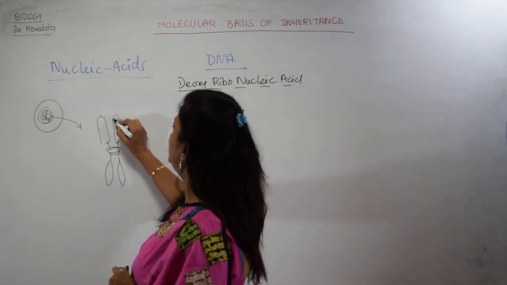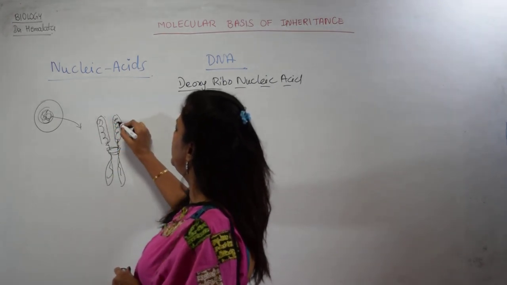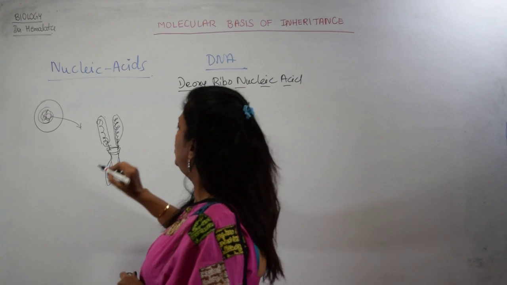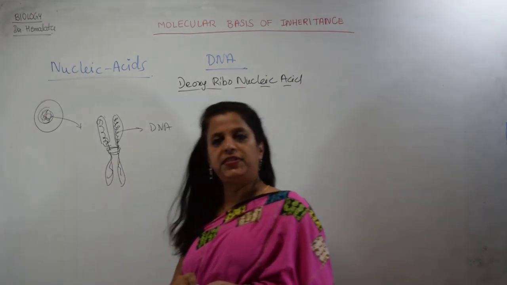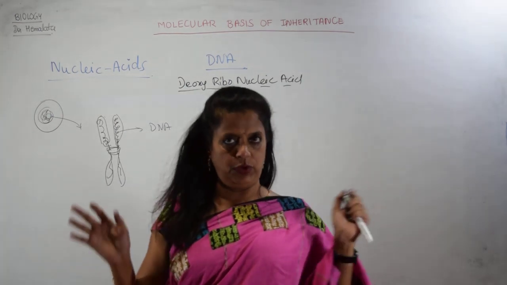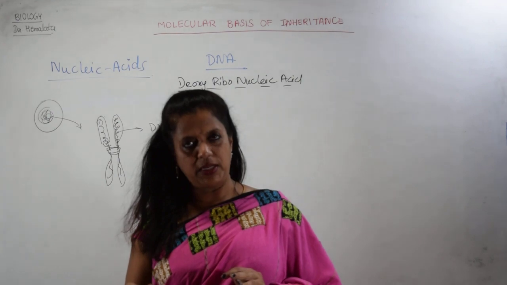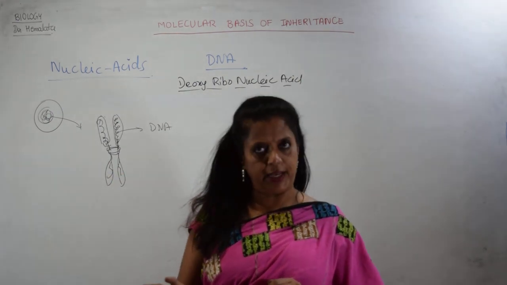These chromosomes internally will have the DNA. This is the DNA, double stranded DNA. Now, where is this DNA present? This DNA is found in all the cells of the human body or all higher organisms. In lower organisms also, almost every organism contains DNA.